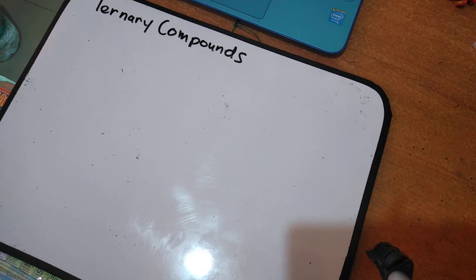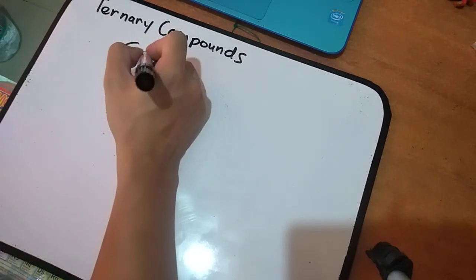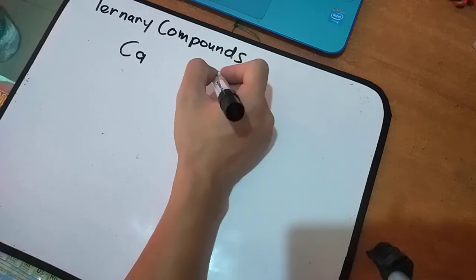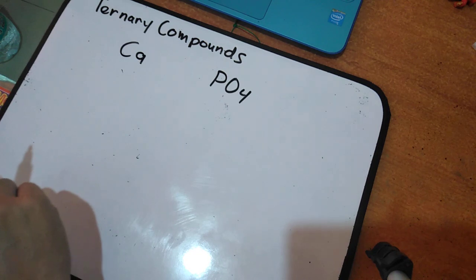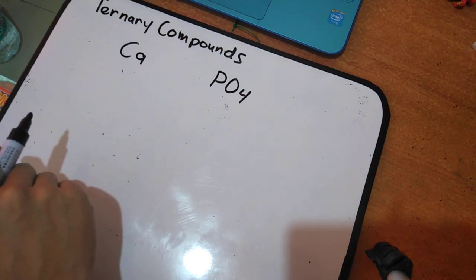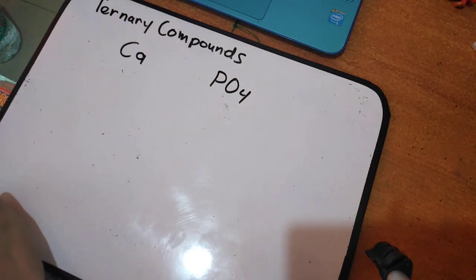So let's have this one. Ca and PO4. So PO4 is phosphate. Let's look at the charge. What is the charge of calcium?